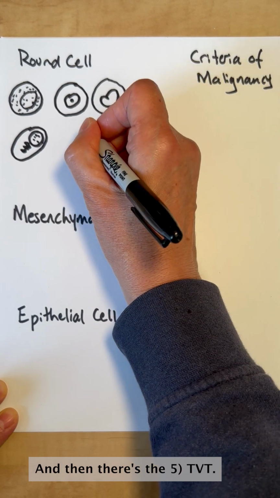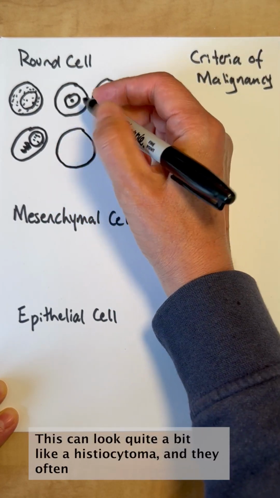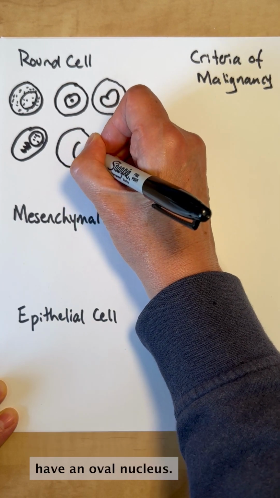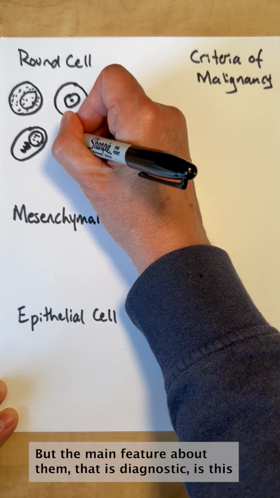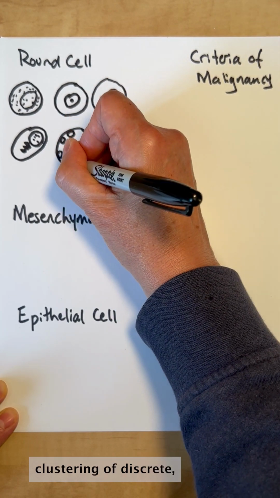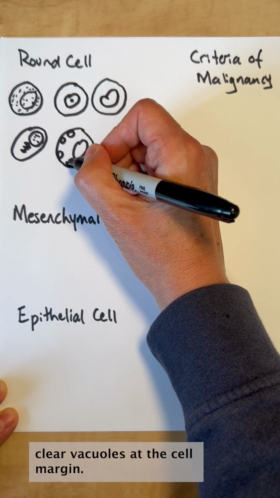And then there's the TVT, transmissible venereal tumor. This can look quite a bit like a histiocytoma, and they often have an oval nucleus, but the main feature about them that is diagnostic is this clustering of discrete clear vacuoles at the cell margin.